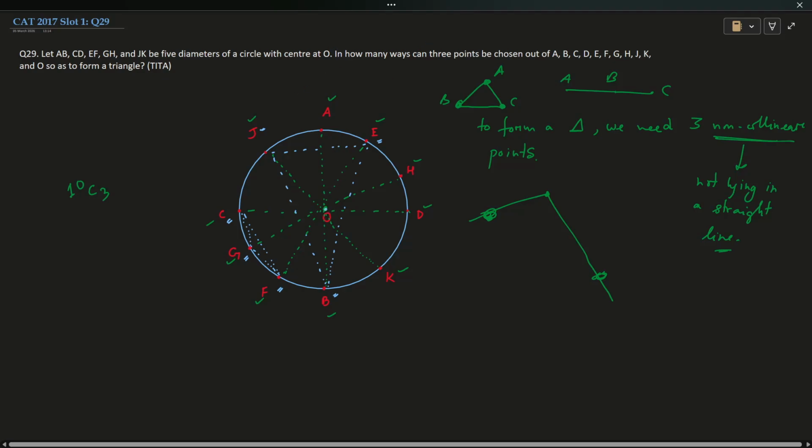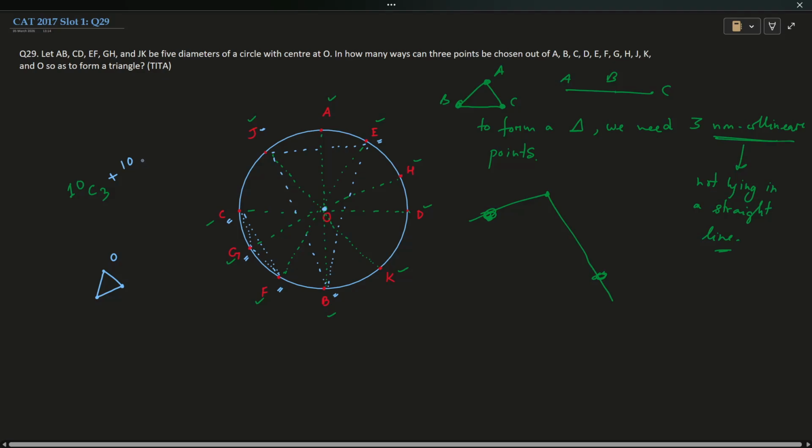But I also have the point O. Now let's say I have selected O. In how many ways can I select O? In one way only, right? That means one of the points of the triangle is already O. Now I need another 2 points, and those 2 points I can get from the circumference of the circle.